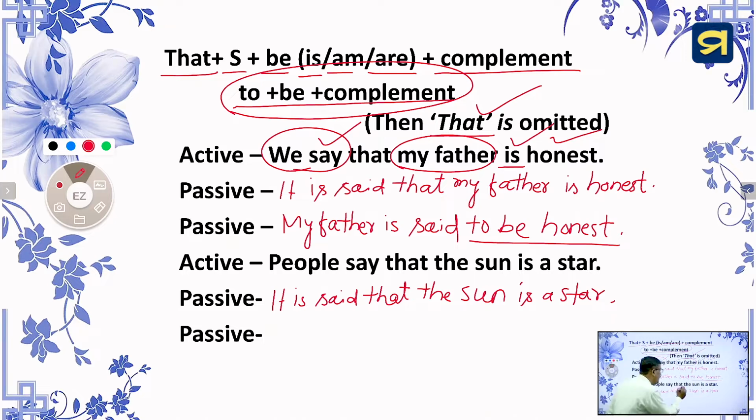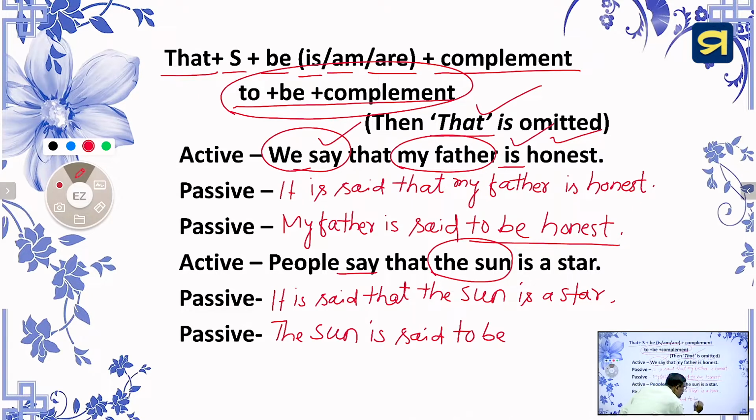Now we will use the sun in the beginning of the sentence because it is the subject of the noun clause. The sun is, why? Because it is in simple present tense. The sun is said to be a star.